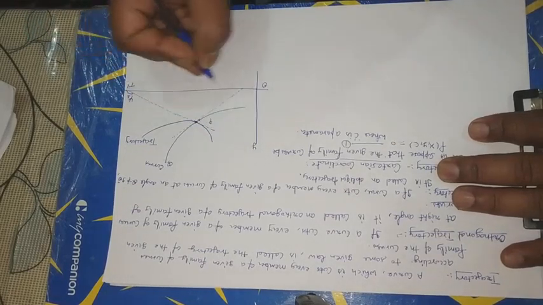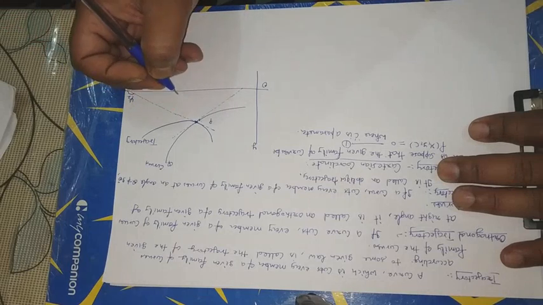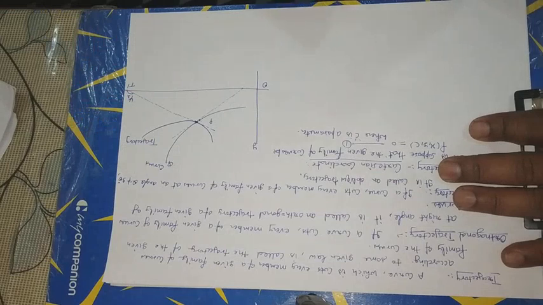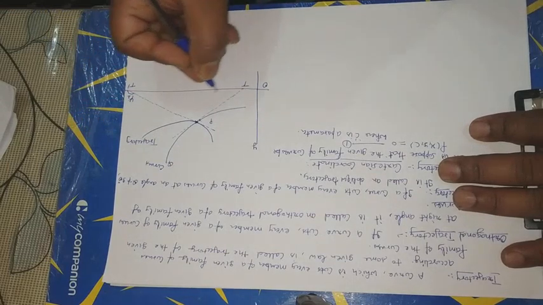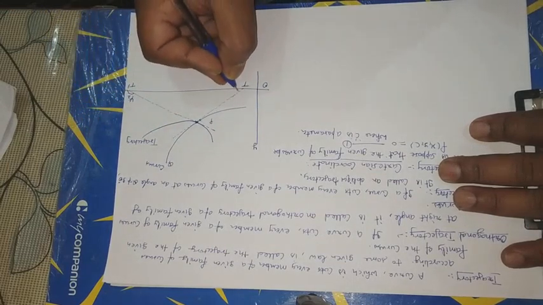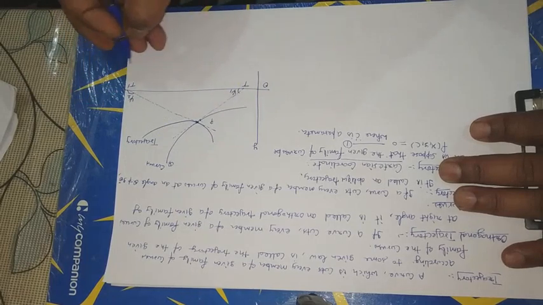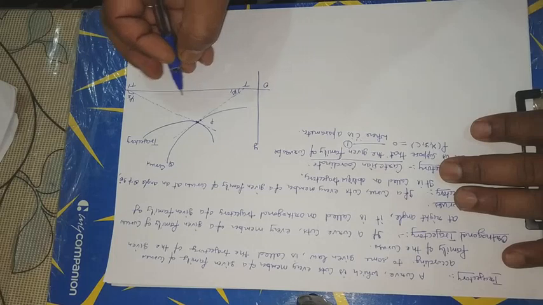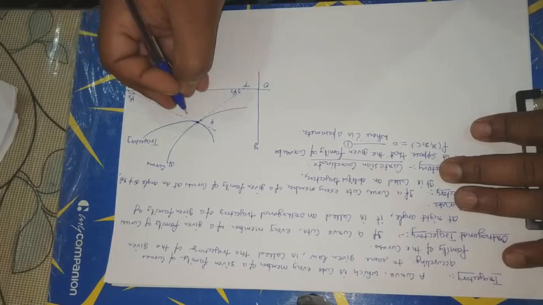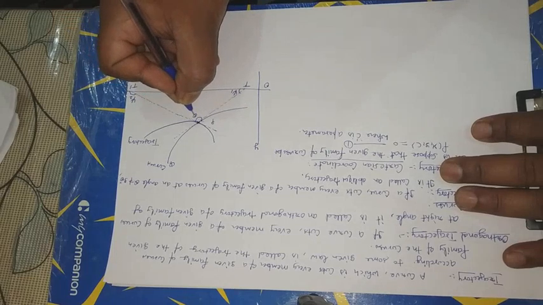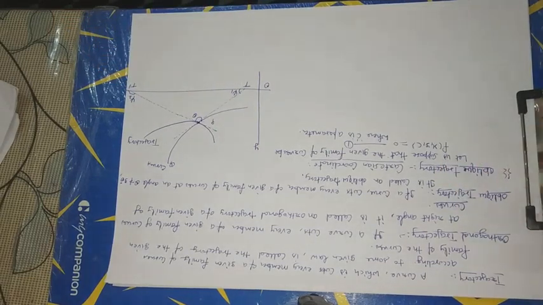This is the y axis, this is the x axis, and the tangent drawn at point P makes an angle psi 1 with the x axis. The angle between both tangents PT and PT dash is theta.